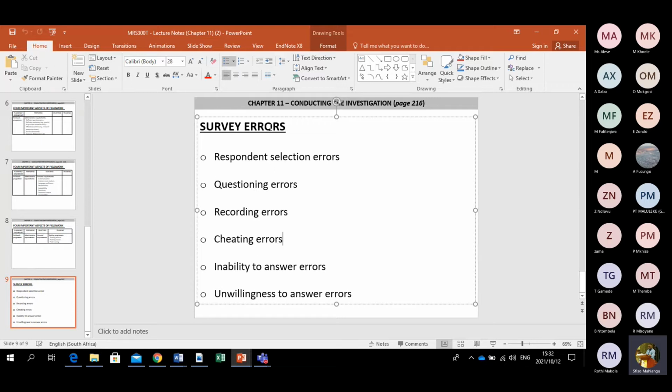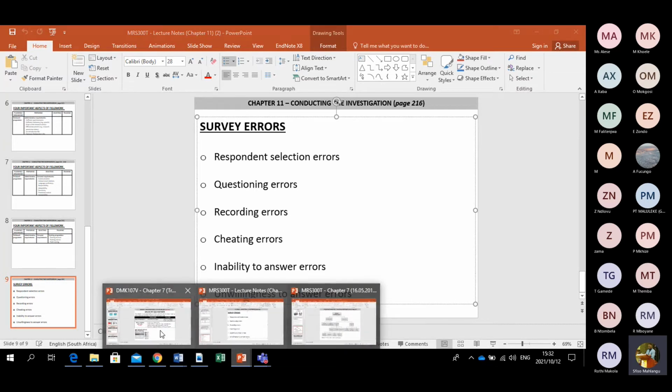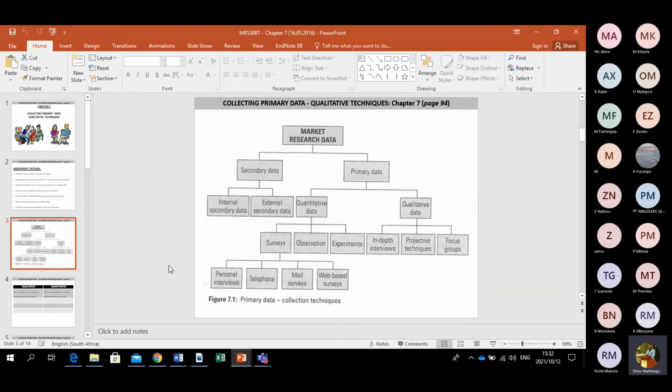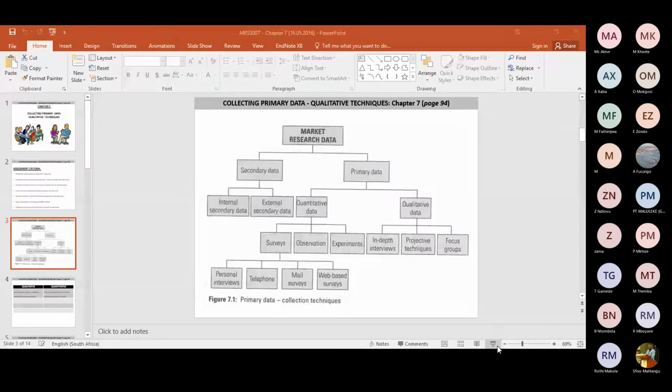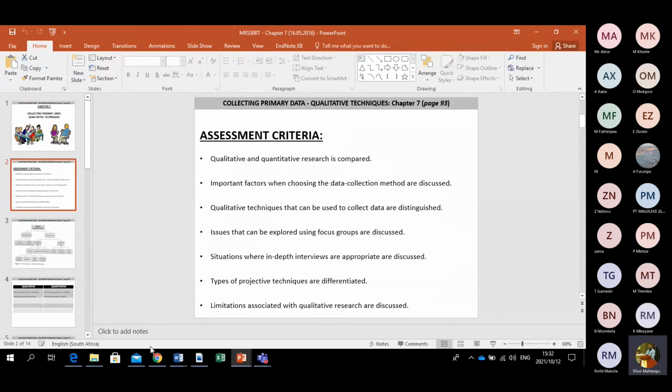So if you get a question about survey errors and how can you eliminate them, it's actually on chapter 8, not 7.